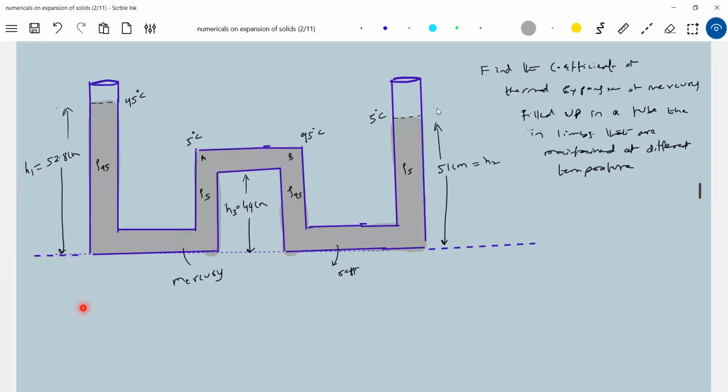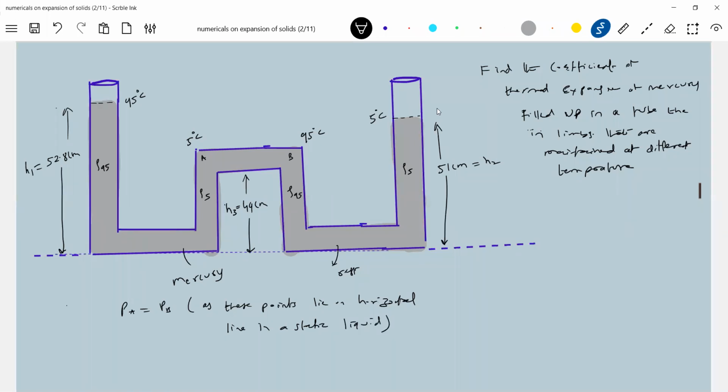Pressure at A. Why it should be equal: because these points lie on a horizontal line in a static liquid. Okay, so that's the primary reason.